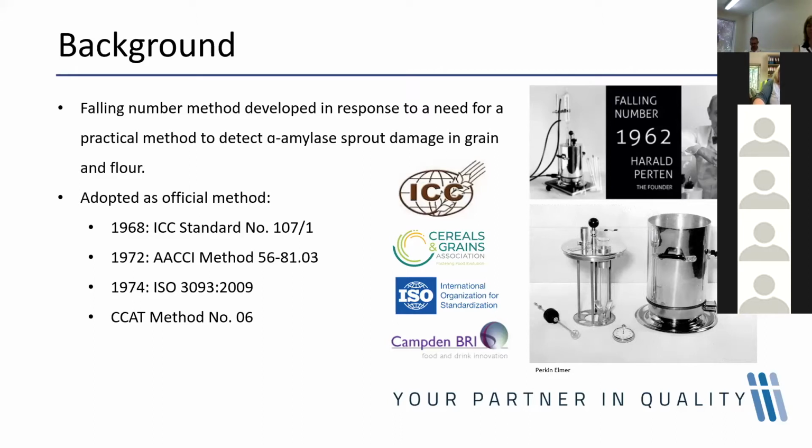So it is a method that has been with us for well over 50 years, and it has stood the test of time, evidenced by it being adopted as an official method by the ICC, Cereals and Grains Association, which is formerly the AACC, the ISO, as well as more locally, CCAT.